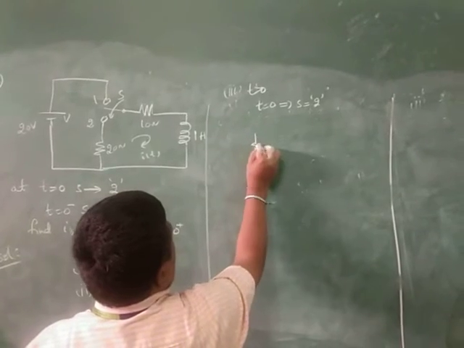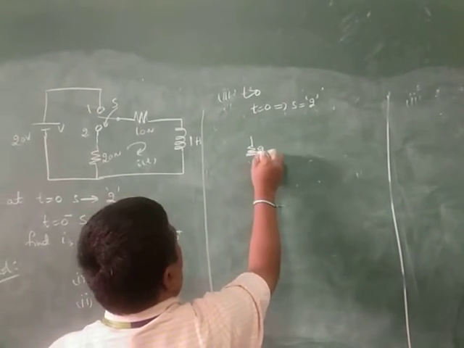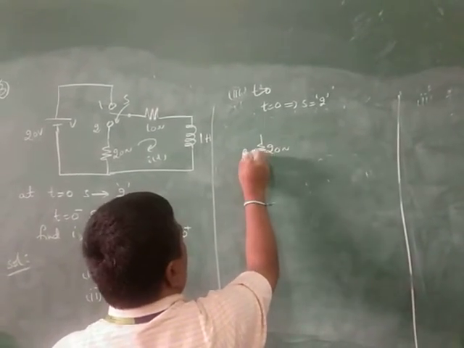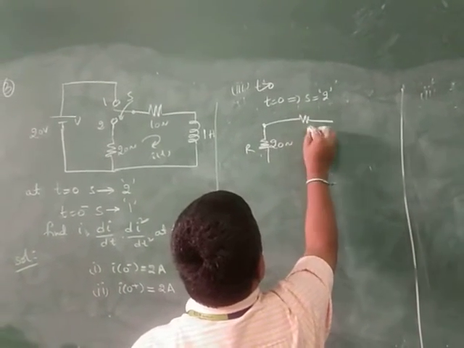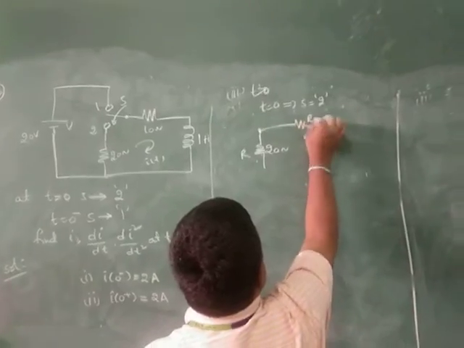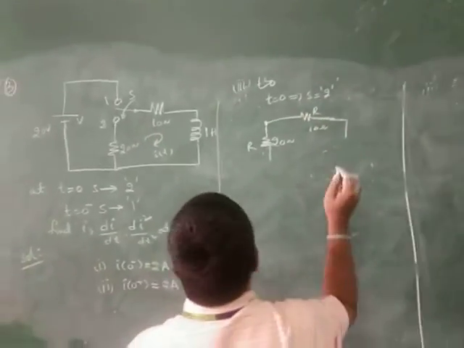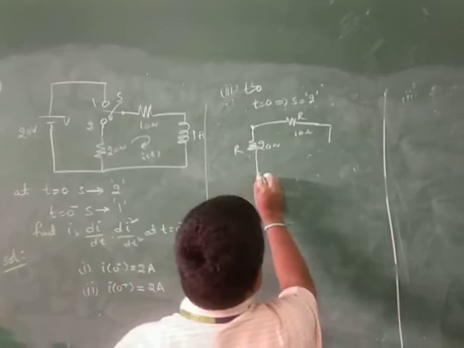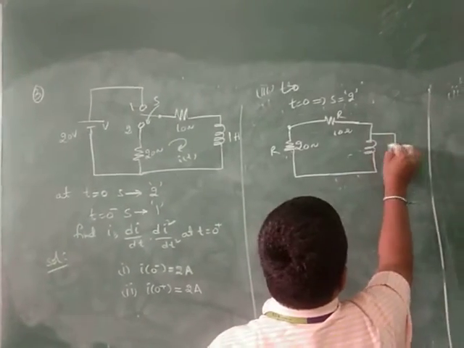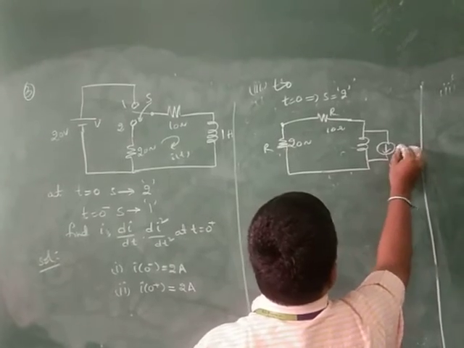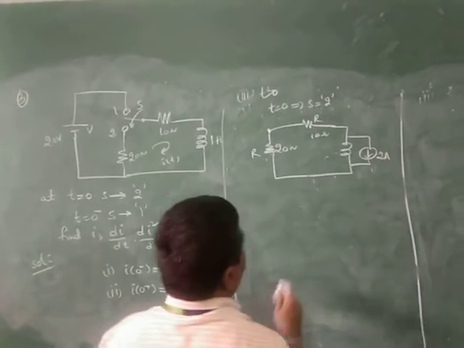Now the equivalent circuit is this 20 ohm resistor, this 10 ohm resistor, and here this is the inductor, and the initial current through the inductor is 2 amperes.